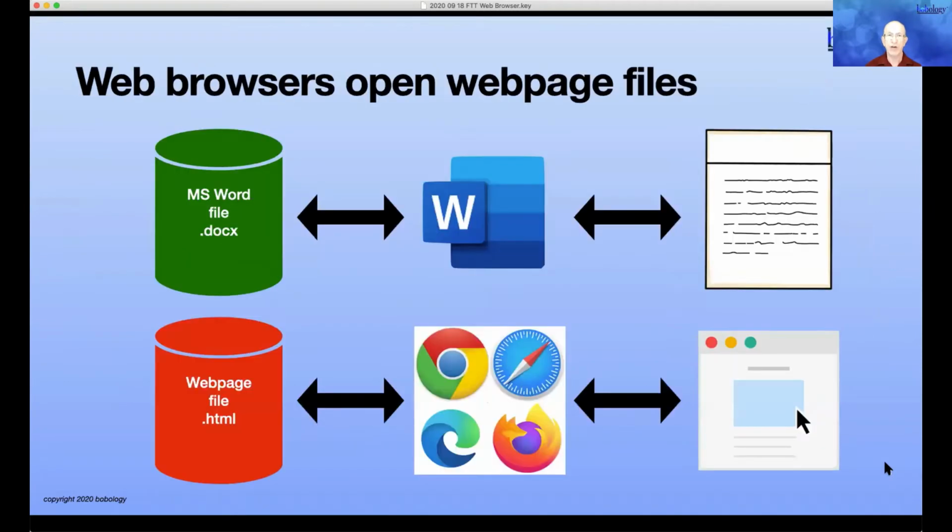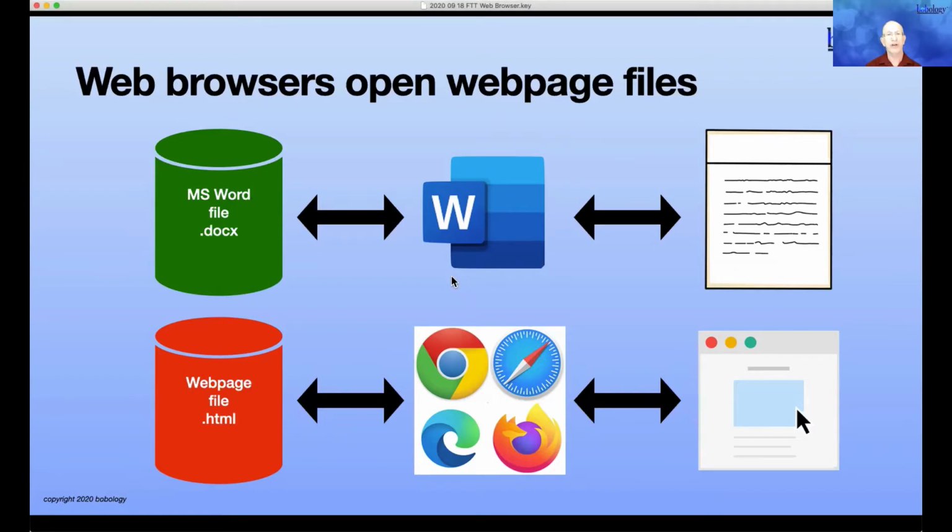Okay, so that's what browsers are. They have a basic function. Web browsers are applications that open web page files. So if you have a Microsoft Word file, which ends in the .docx extension, that's called the file extension, and you wanted to open up a Microsoft Word file, you would use the Microsoft Word application to open the file, and then you would be able to see the document on your computer, and you could edit or review it or make changes to it.